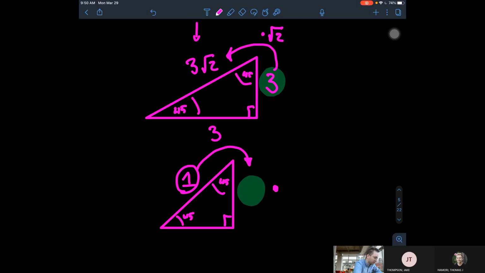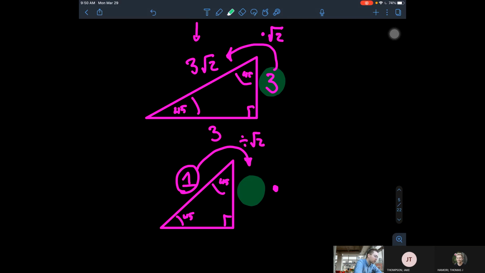That's right, divide. What should I divide? That's right, divide by the square root of 2.